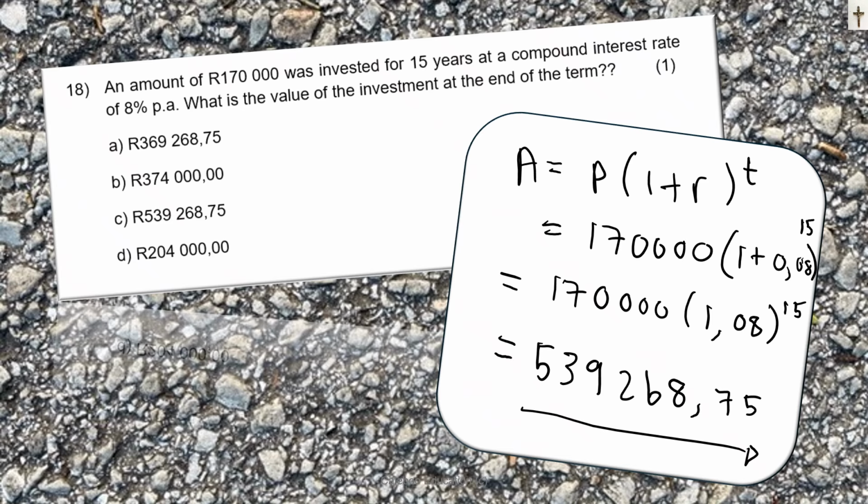An amount of 170,000 was invested for 15 years at a compound interest rate of 8% per annum. What is the value of the investment at the end of the term? Let's have a look. Right, A is the future value. Amount invested, quite easy.